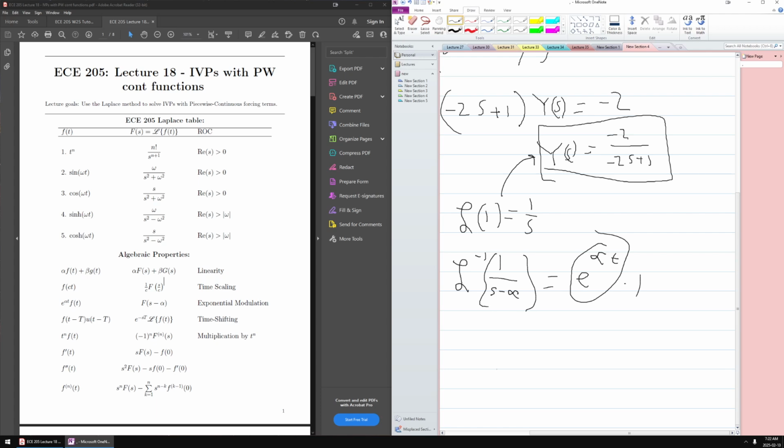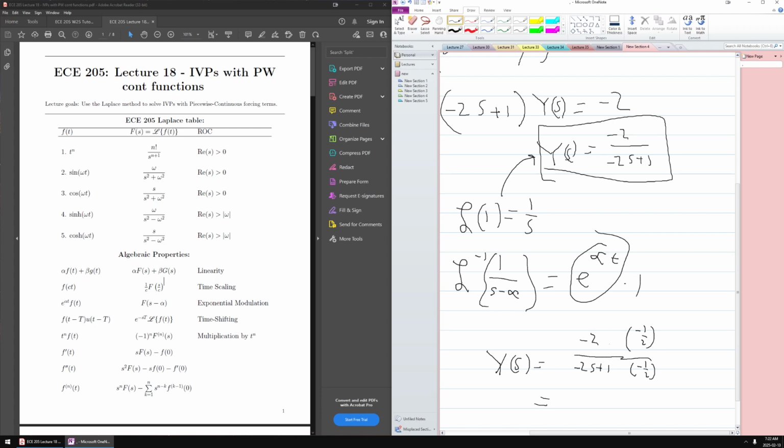I could rewrite Y of s with all of this stuff that we just noticed. I could rewrite it as my minus 2s plus 1. I could multiply the top of this by minus a half and the bottom by minus a half. Right? That'll give me a coefficient of 1. It's literally doing what time scaling tells me to do.